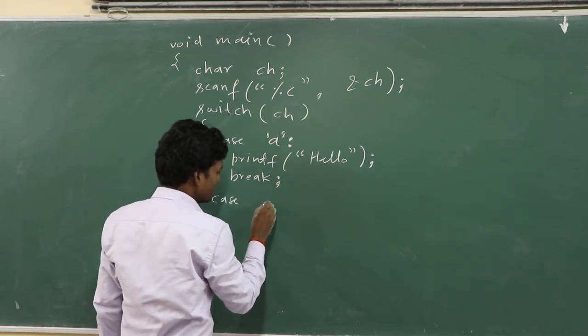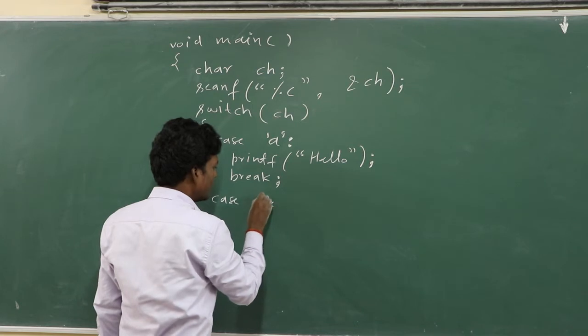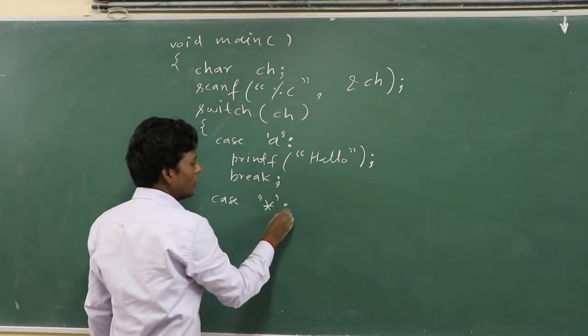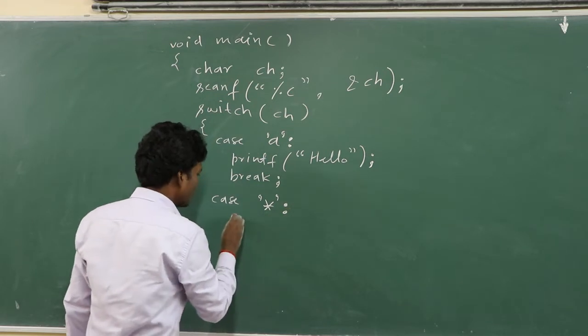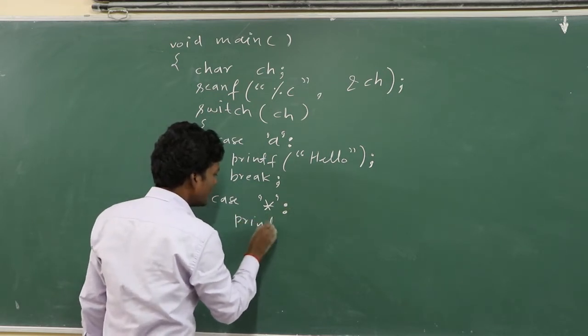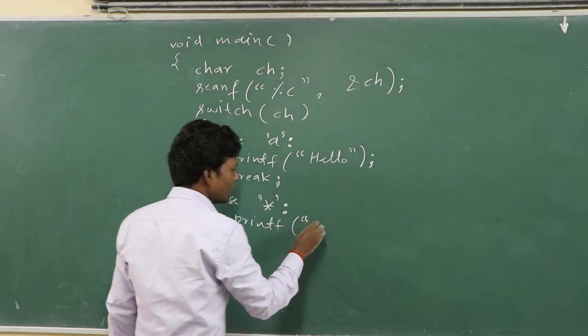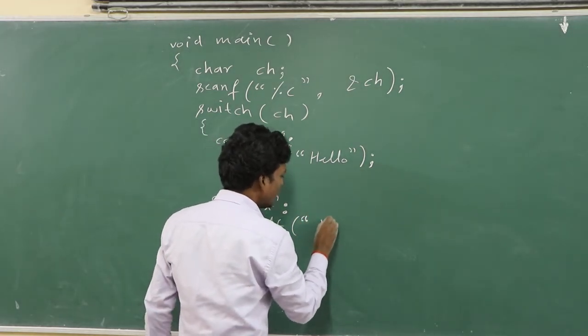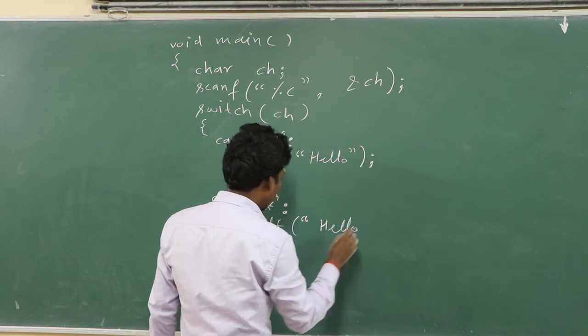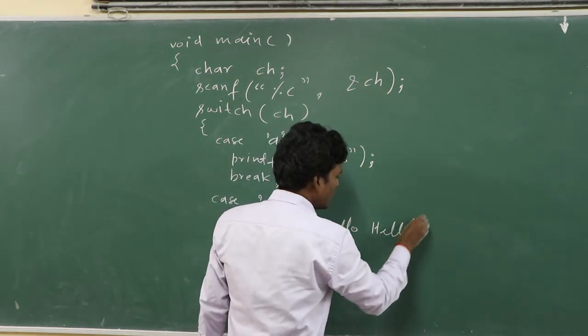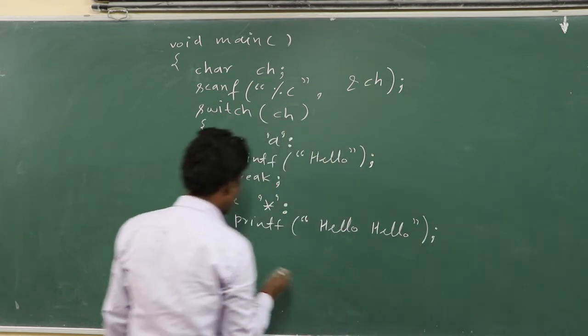Case '*', this is a character constant, colon, printf hello, break.